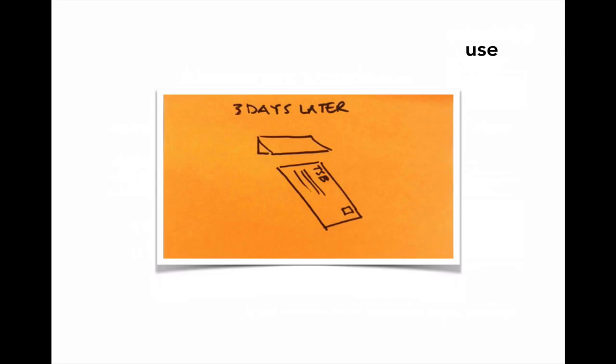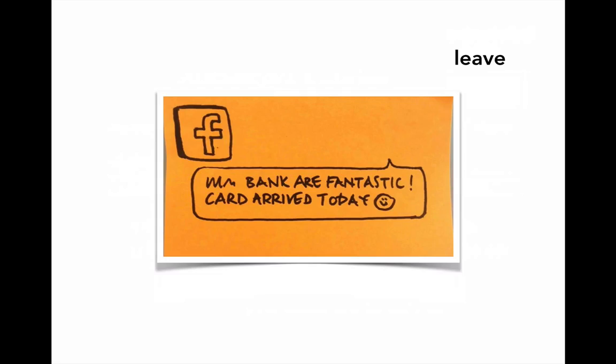And literally 3 days later, she had her bank card through her letterbox. And she'll use the bank during her time in the UK. She's unlikely to grow or maintain her use by opening other accounts or taking out a mortgage, etc. But we know she will leave, because when she leaves the UK, she'll no longer need this bank account. But she's going to leave them with a really positive view.